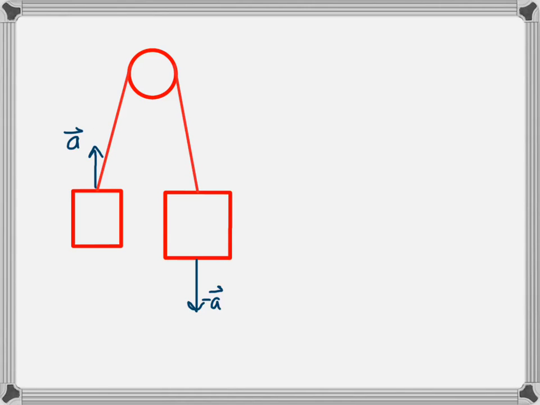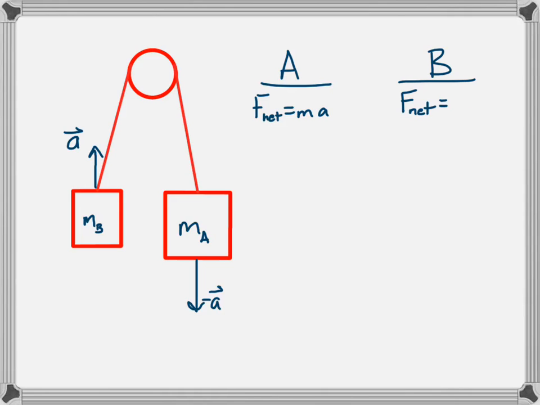Okay, so if I have a mass A and a mass B, and I decide to set up their Newton's second law equations, for block A, I would set up negative Fg plus Ft.